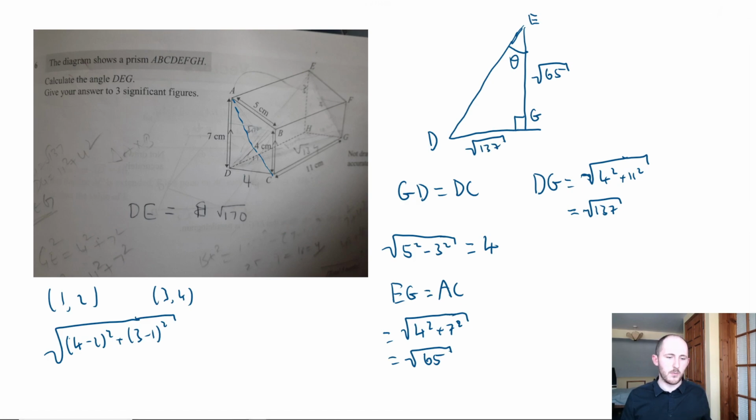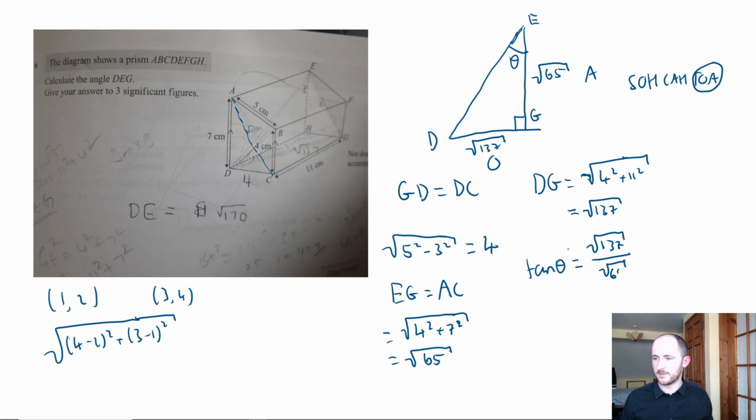And now we can work out what theta is. It's just opposite over adjacent, so it's going to be tan. We have opposite, we have adjacent. If we use SOHCAHTOA, we're using TOA. So tan theta equals opposite, root 137, over square root 65.